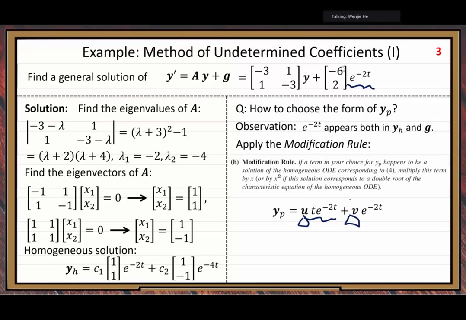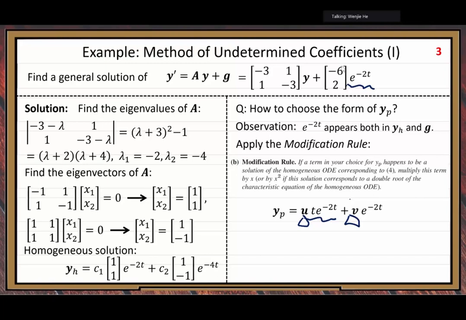U vector, v vector. So yp, for a particular solution, that's the form we feel matching the given structure.